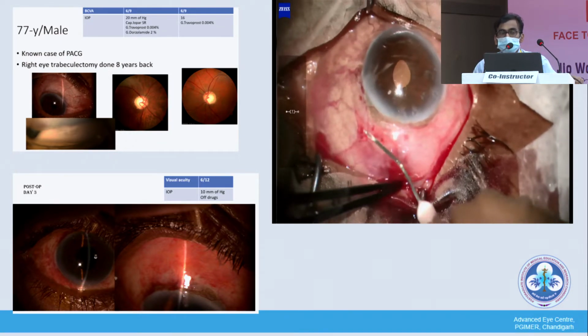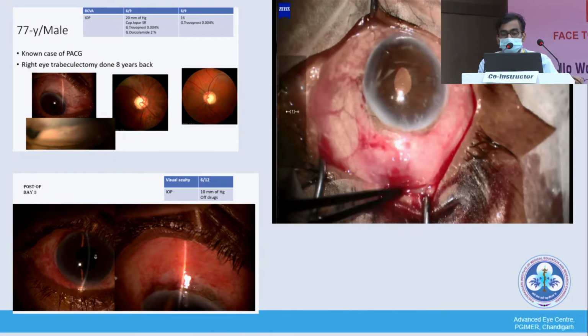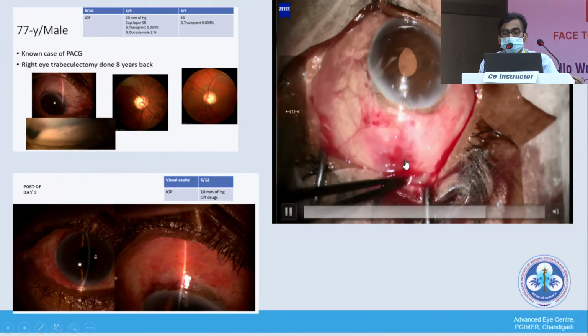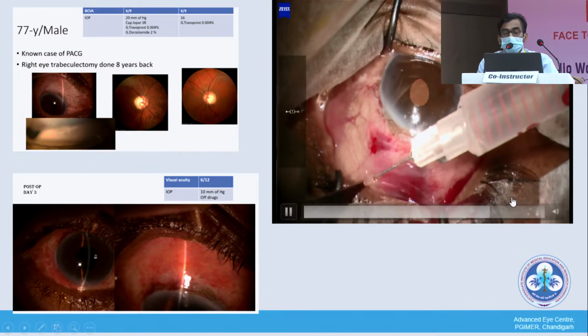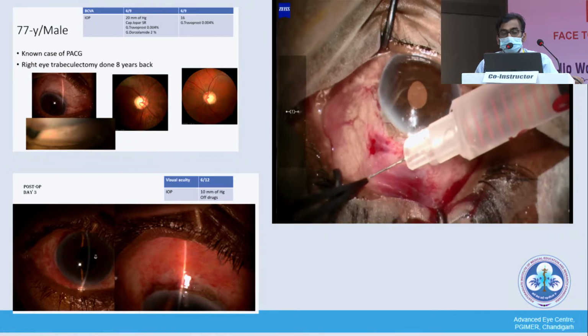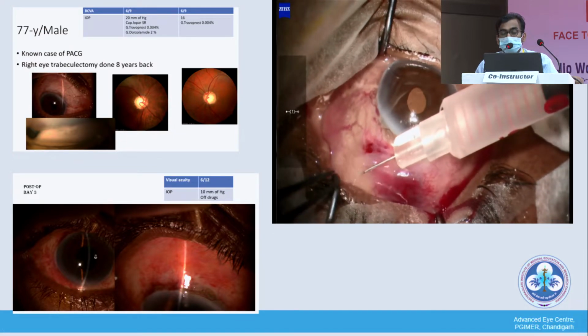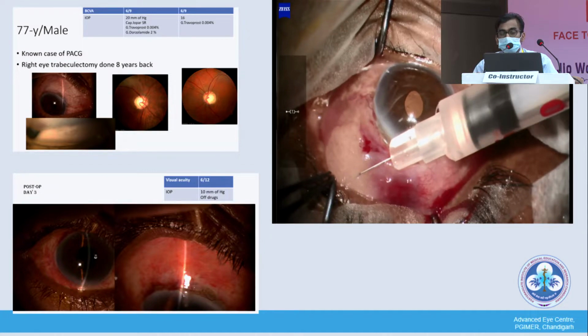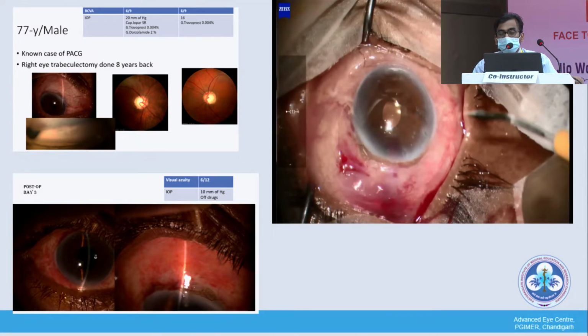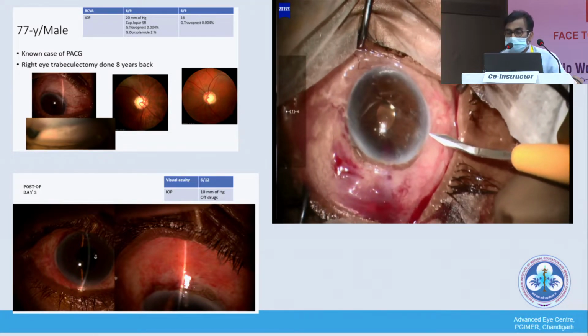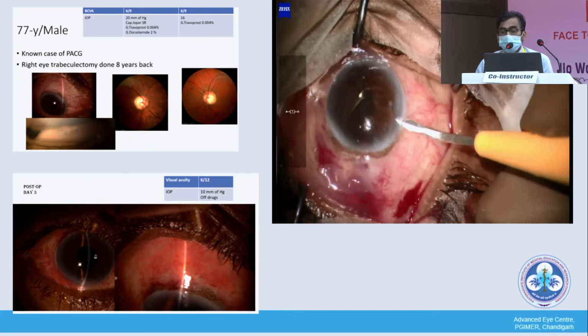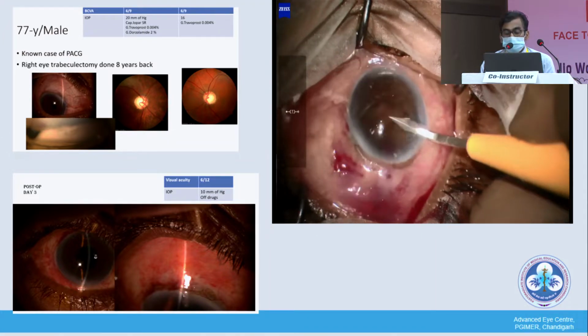If required, hydrate the side port. At the end of the procedure, you can give 5-fluorouracil. It should be at different levels, more superficial and more in the periphery of the bleb. If required, make a paracentesis incision and reform the anterior chamber.